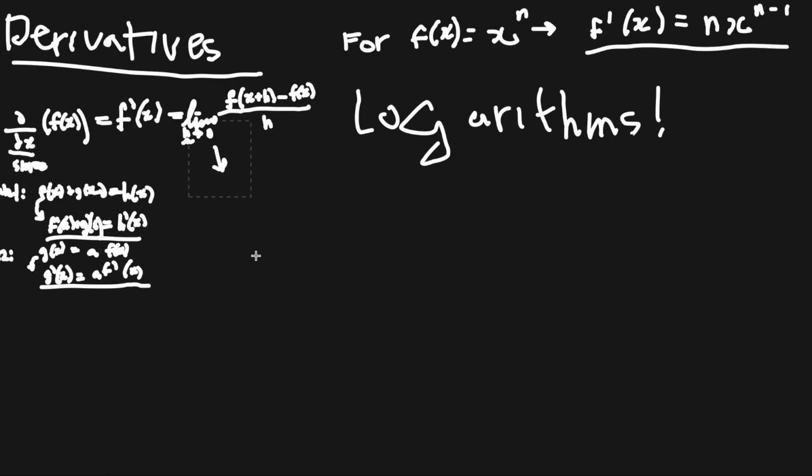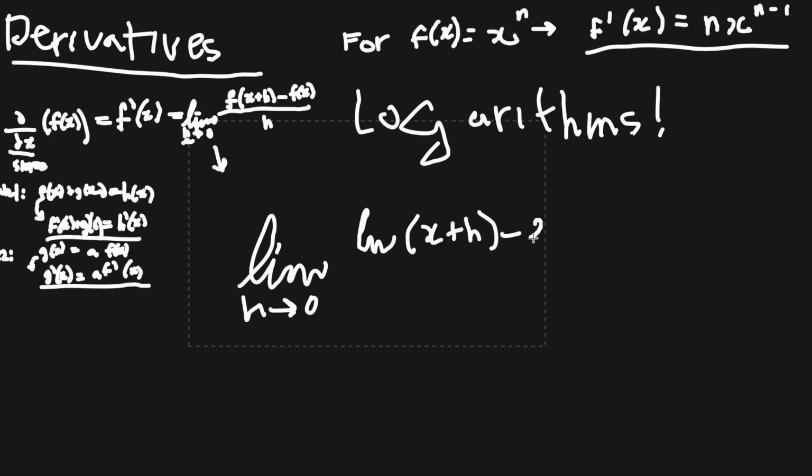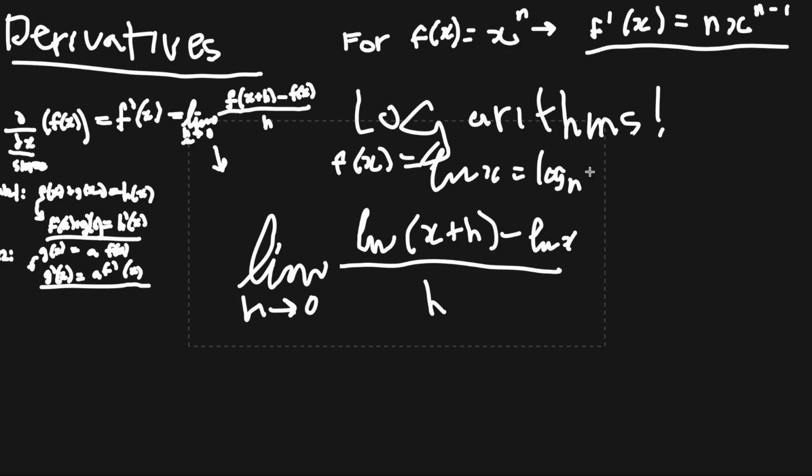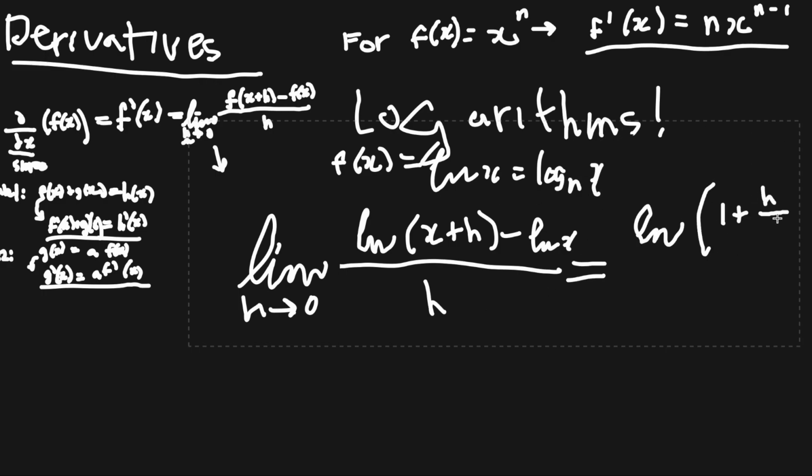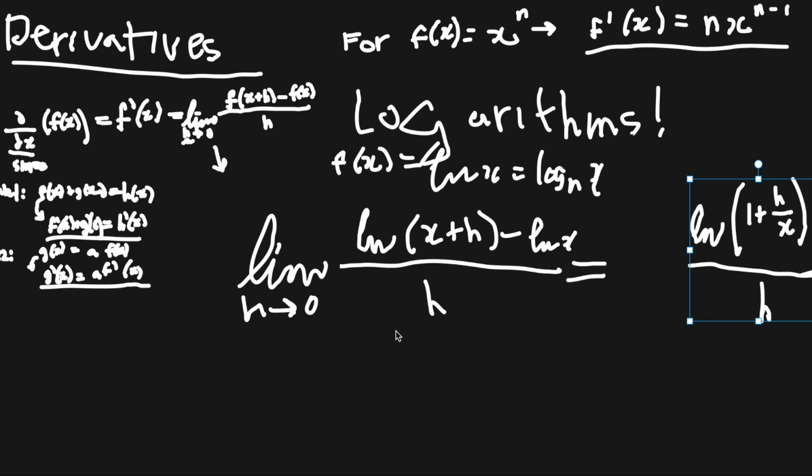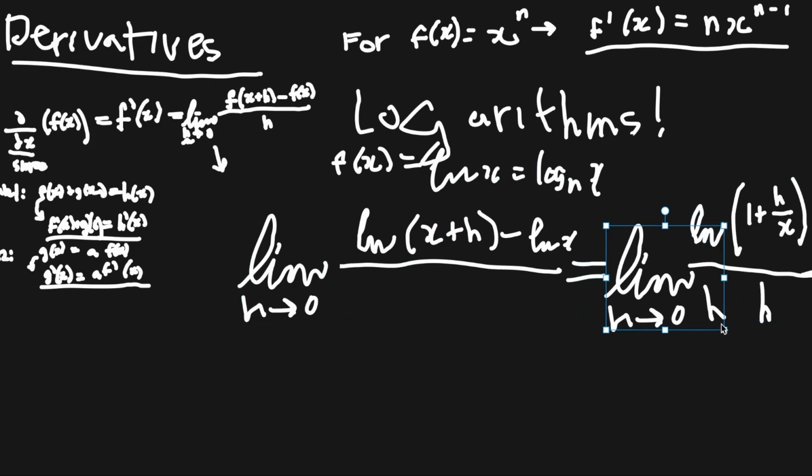So let's plug ln x into the limit definition of derivatives and figure out the base. We get the limit as h goes to 0 of ln(x plus h) minus ln x, over h. We can use the neat property of subtraction in logarithms to get ln(1 plus h over x) in the numerator. You might be alarmed for a moment since you're dividing by x, which could be 0. But the thing is, we can't put 0 into a logarithm anyways.